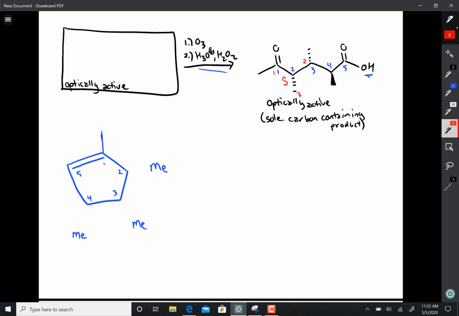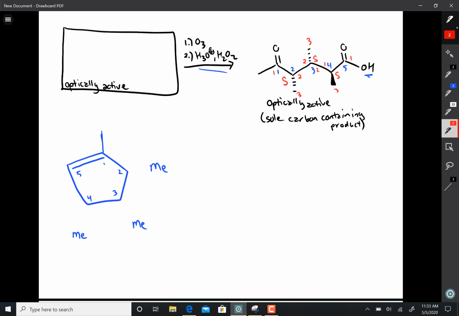And then we do this one right here. 1, 2, 3. That is an S chiral center. Now if we do this one, 1, 2, 3. That is an S chiral center.